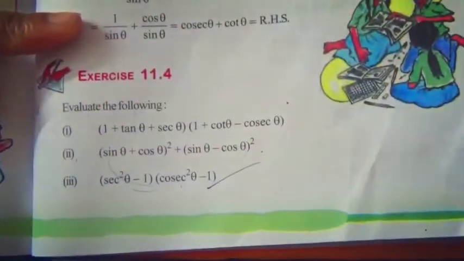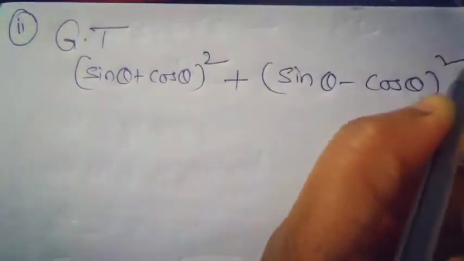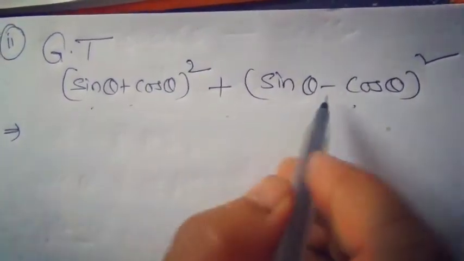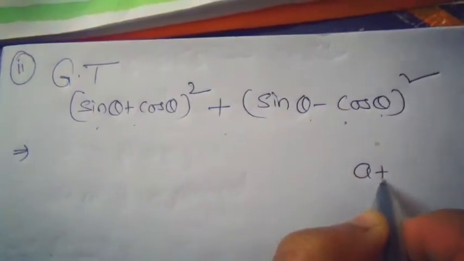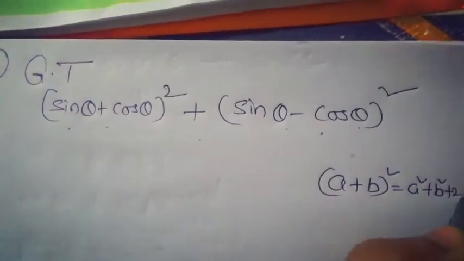Second one, given that (sin theta plus cos theta) whole square plus (sin theta minus cos theta) whole square. These two are in the form of a plus b whole square plus a minus b whole square. What is the formula for a plus b whole square? a square plus b square plus 2ab.